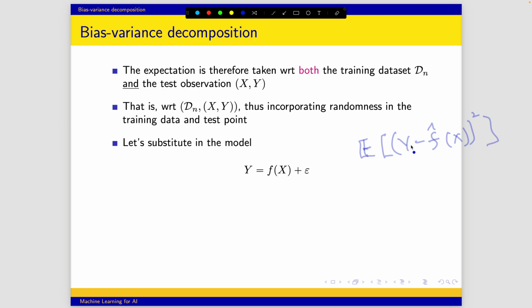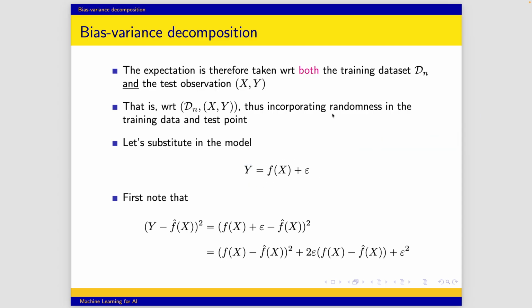So in here, what do we have? We have y and f hat of x. So let's replace y with what we have based on our model, that y is the true function value plus the error. And what do we get? Well, we get this quantity squared, which is what appears in the expectation. So y is just f of x plus epsilon minus this thing, squared, which we can write like this.